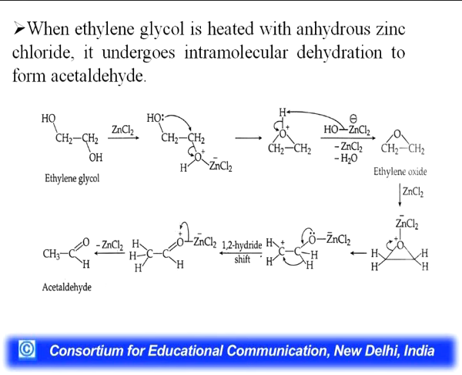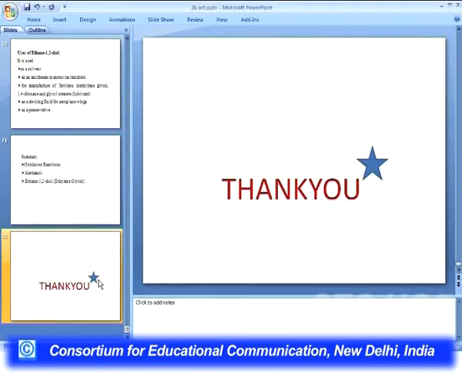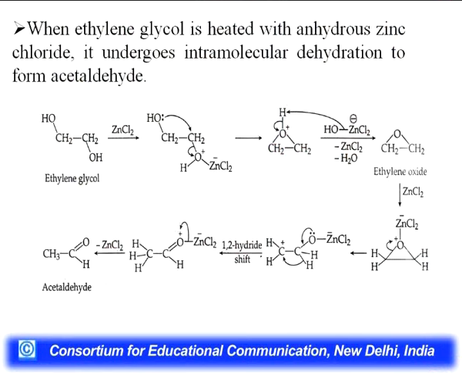It will pull the covalently bonded electrons towards itself, and this hydroxyl group then approaches the CH2 group, which loses the electrons, and will form an epoxide ring. You can see the epoxide ring.